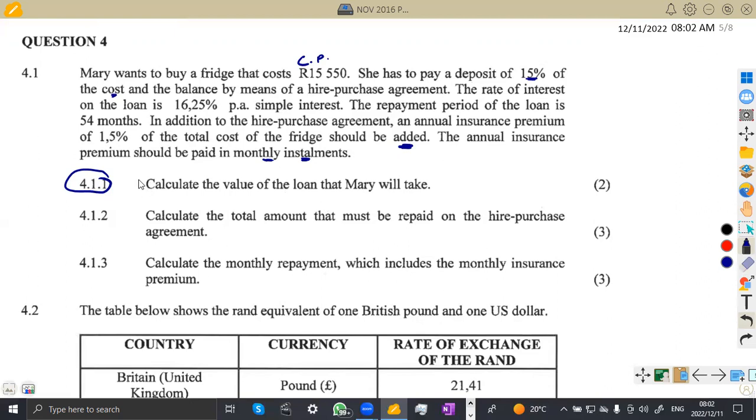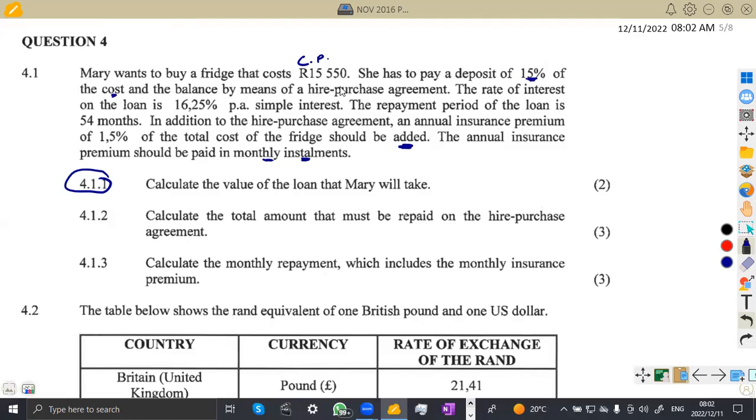In this case, guys, we need to know the actual thing that we had. I want you to see what is happening. Mary wants to buy a fridge, but for her to buy this fridge, she's supposed to pay a deposit of 15% of the cost price.